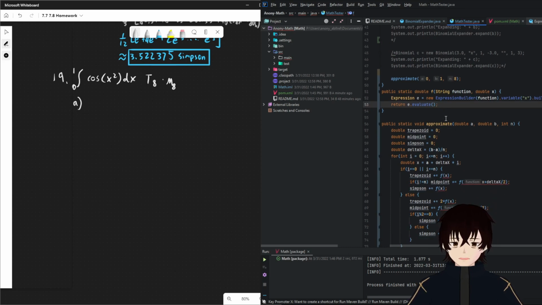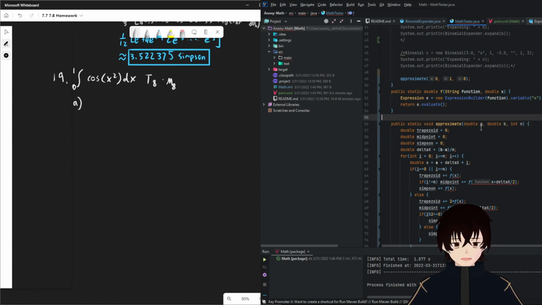There's probably a better way I can do this. How about we make approximate taking an expression. Set variables x to... oh, just x.